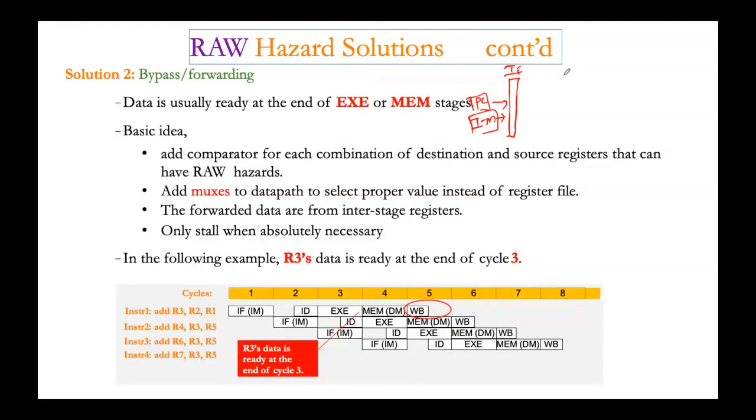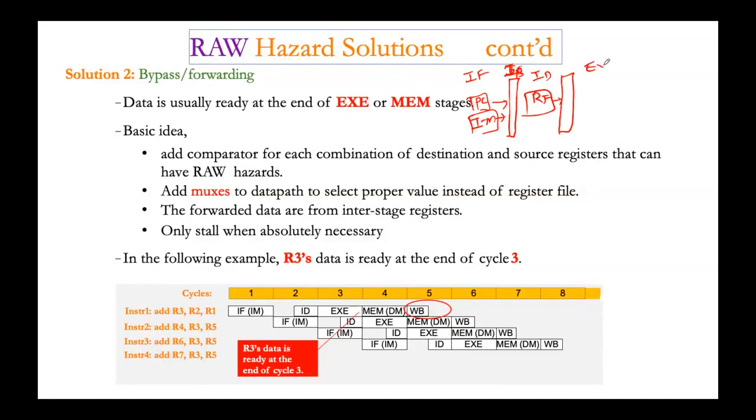In the second stage, instruction decoding, you have the register file, and the output of the register file will be stored in an inter-stage buffer.